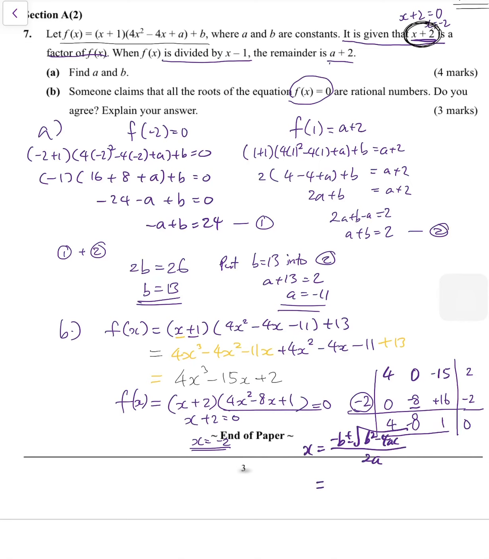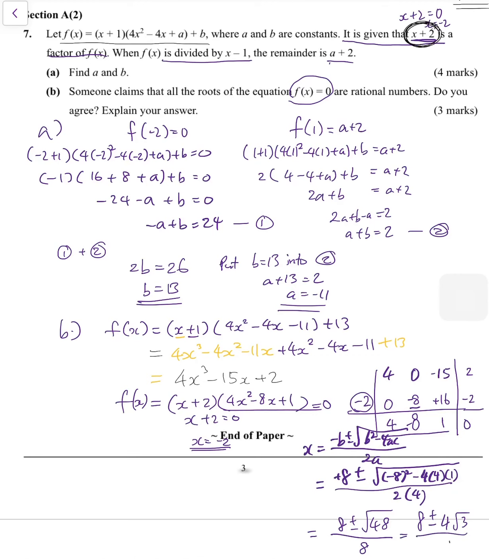Negative b, so it makes it positive 8, plus or minus the square root of negative 8 squared minus 4ac, over 2a. So 64 minus 16 is 48. But this one you can rewrite as 4 times 4, 16 root 3.